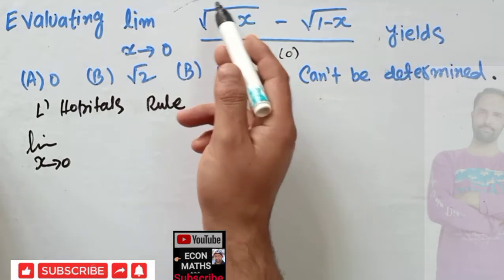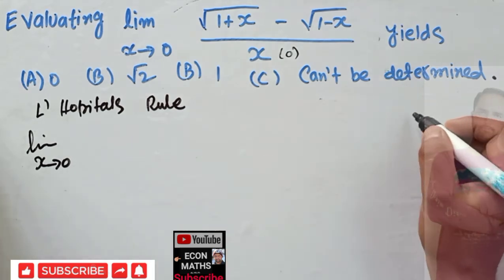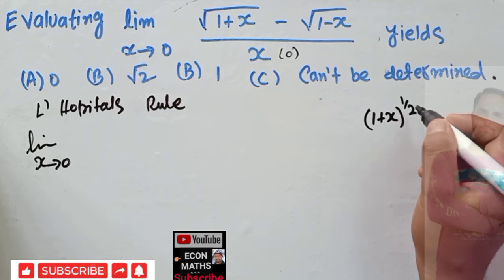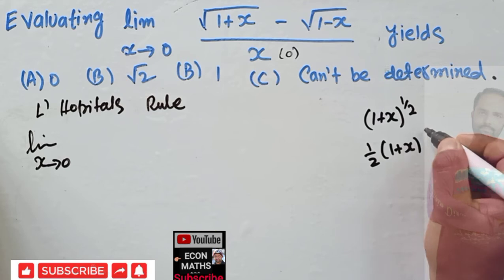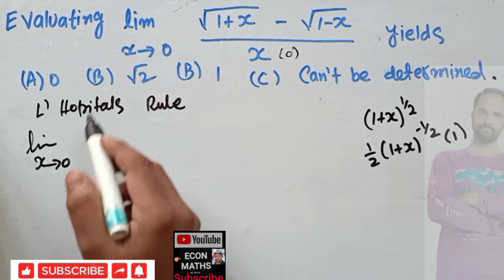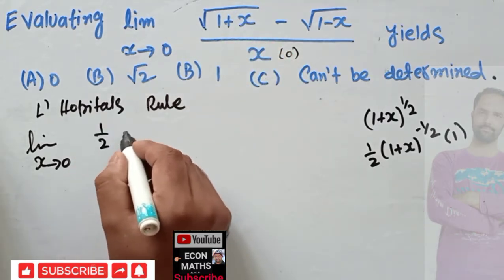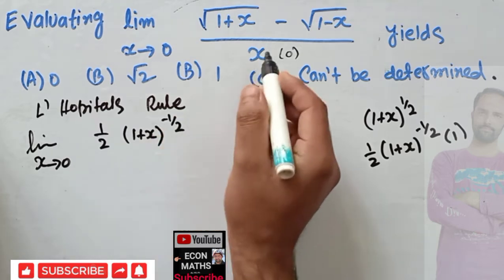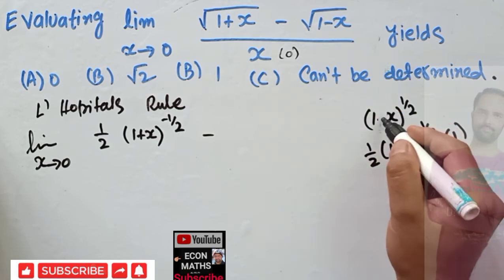So what is the derivative of √(1+x)? It can be written as (1+x) raised to the power 1/2. Its derivative is 1/2 (1+x)^(-1/2), and the derivative of x is 1. So the derivative of the numerator comes out to be 1/2 (1+x)^(-1/2) minus the derivative of √(1−x).